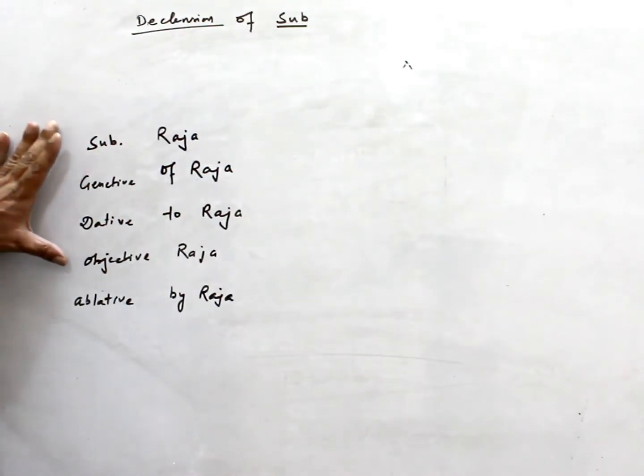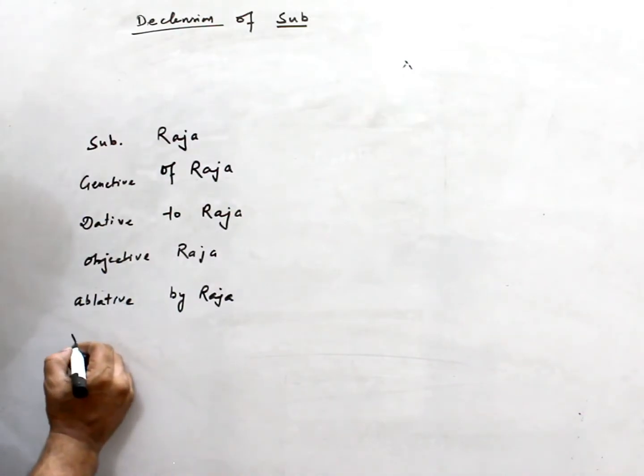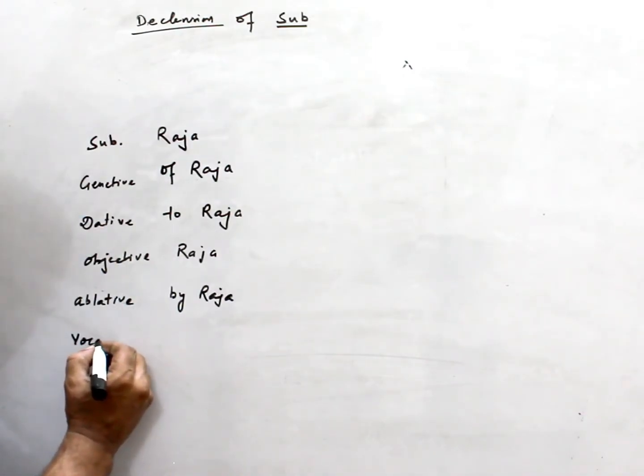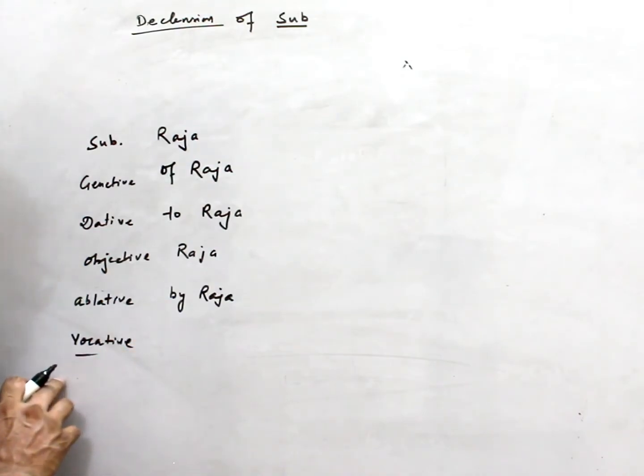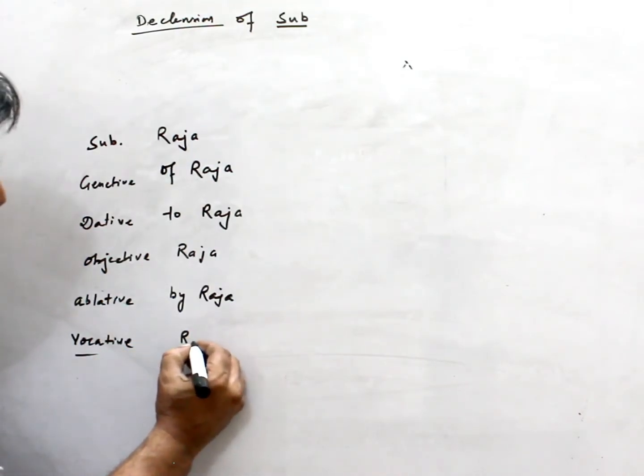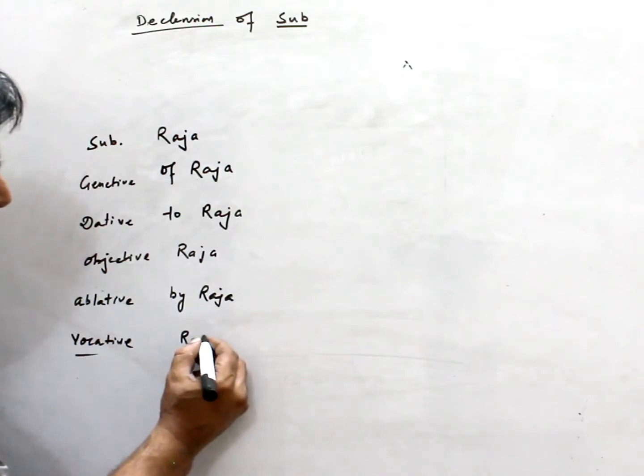That means there are 5 types, or one more, vocative. This is normally less used. This is simply Raja.